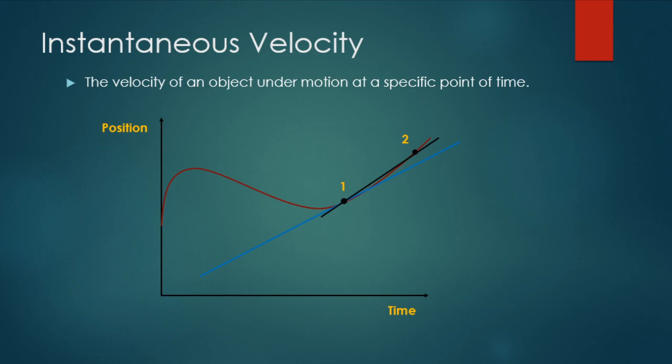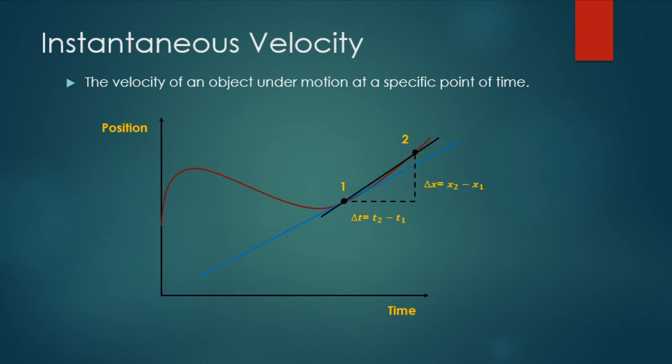The rise between these 2 points is the change of position, so the change of x is equal to x sub 2 minus x sub 1. The run is equivalent to the time interval between these 2 points, so the change of time is equal to time 2 minus time 1.